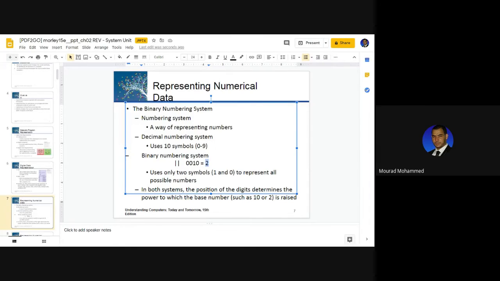The computer does not understand it. The computer understands this thing. So in the binary system, 0010 is the representation of 2. This is in the decimal system, 2. This is in the binary system. In input, I type 2, the computer sees 0010. In output, the computer processes 0010 and displays 2.